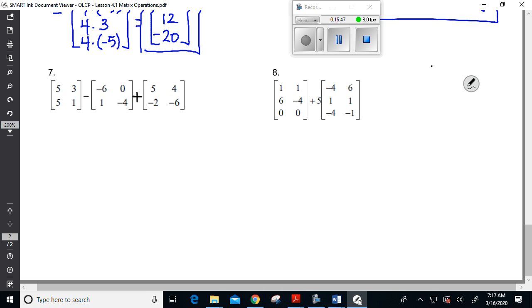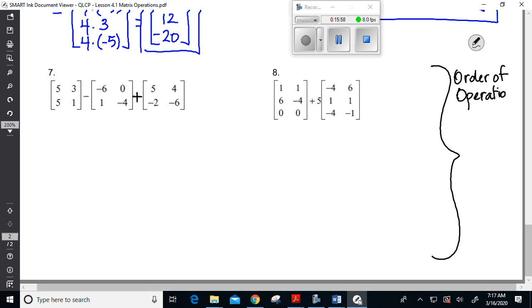But the main thing to keep in mind here is that good old order of operations that you learned in Algebra 1. Please excuse my dear Aunt Sally.